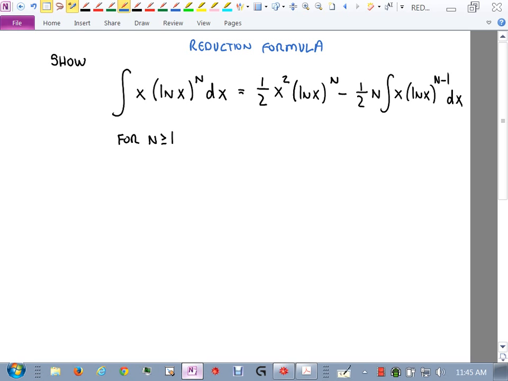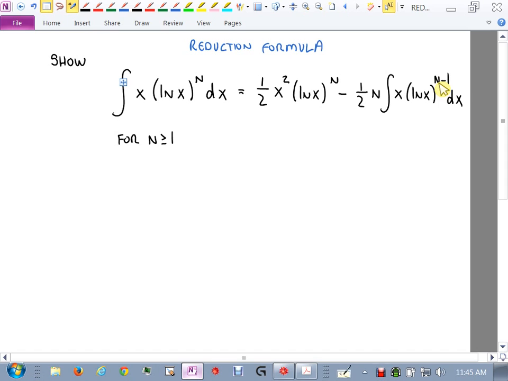Why do you think we call it a reduction formula? Yeah, good. The original integral had x and then the quantity natural log x raised to the nth power. We're trying to figure out what the antiderivative of that was. And what we come up with is a new expression that has a new integral, and that new integral is exactly the same as this one with the exception that the power has been reduced, right?